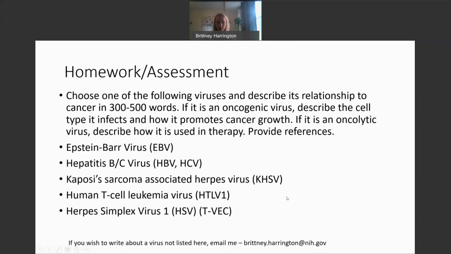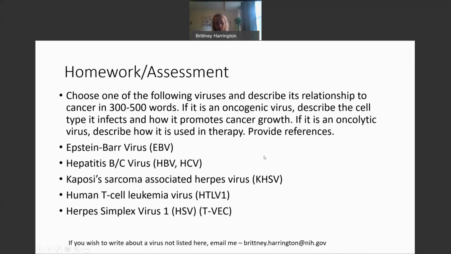So to address this week's assessment, I only focused on HPV because I want all of you to focus on a different virus, one of the following viruses listed here.